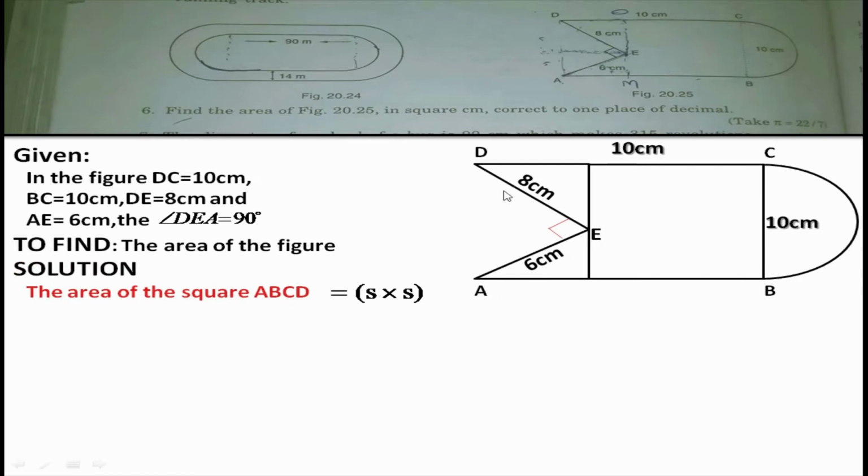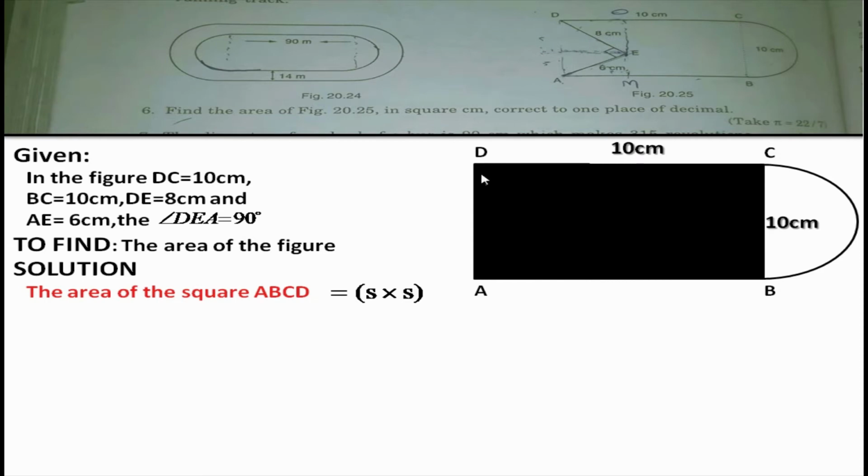Our solution's first step will be, first we will carry out the area of this square ABCD. This is the square I am talking about. Now you must be confused that this looks like a rectangle. Why am I saying this as a square? I am saying this because these two sides of this shape are same.